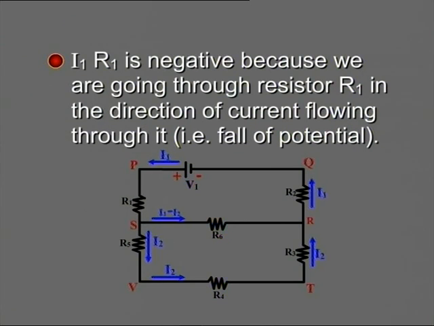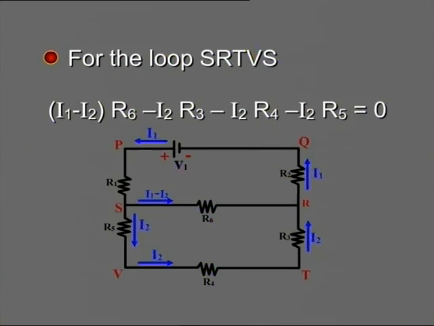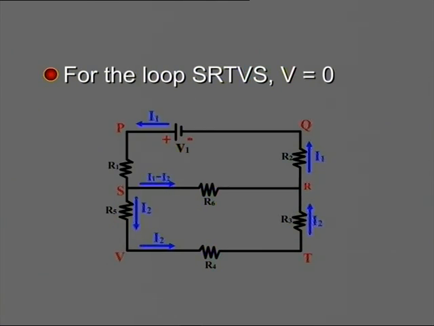For the loop SRTVS, (I1 minus I2) R6 minus I2 R3 minus I2 R4 minus I2 R5 is equal to 0. For the loop SRTVS, source V is 0.